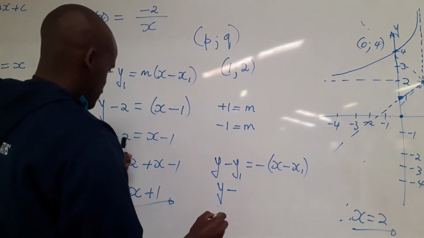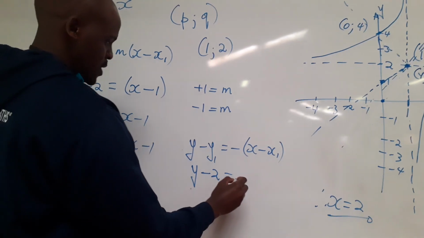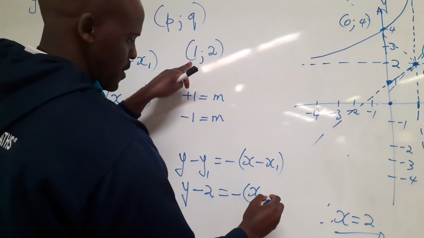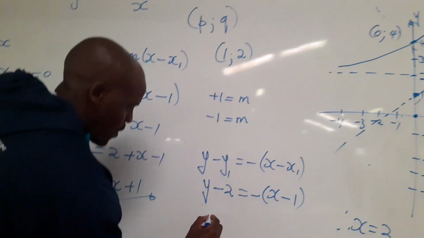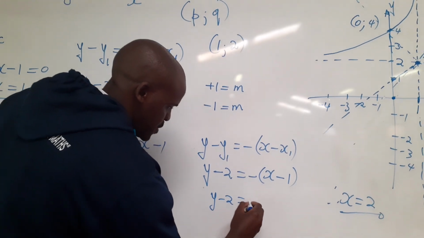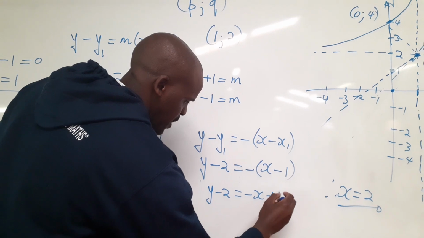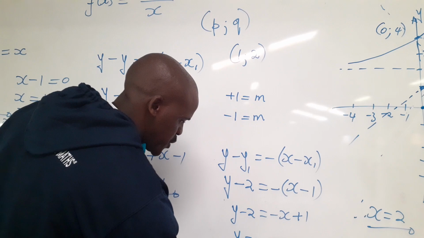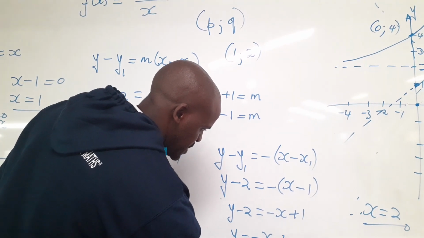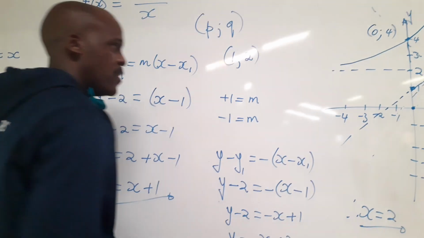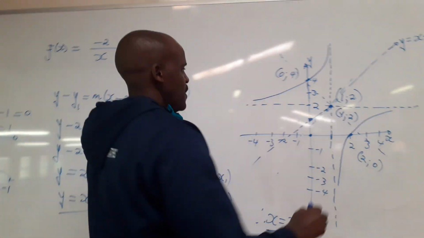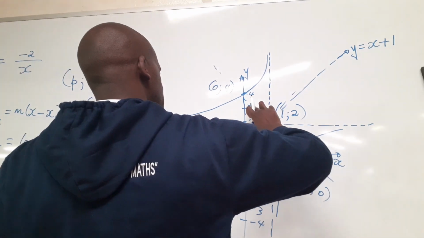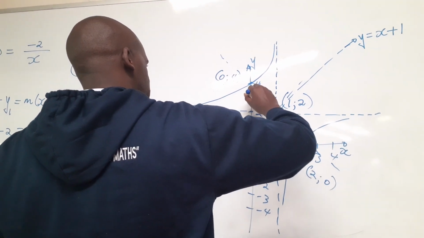It's y minus 2 equals minus into x minus 1. y minus 2 will be equal to negative x plus 1, and then we transpose 2. y will be equal to minus x plus 3, which means the one with the negative gradient will cut at positive 3.